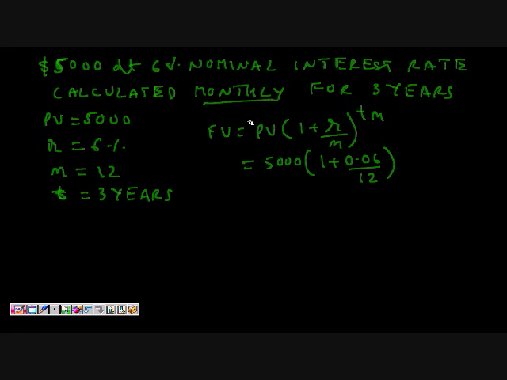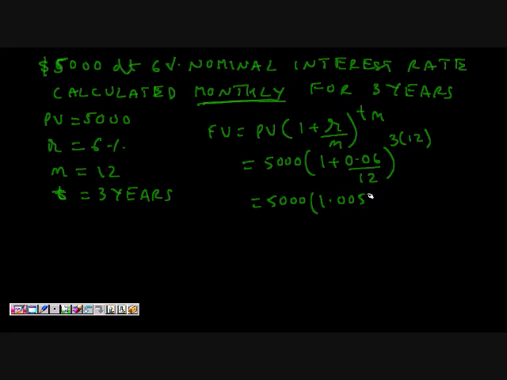So t is 3 times 12. That means it's 5,000 times, 0.06 divided by 12 is 0.005, so it's 1.005 raised to 36.